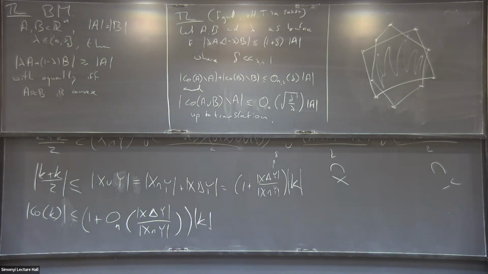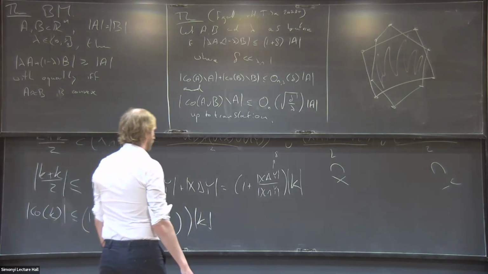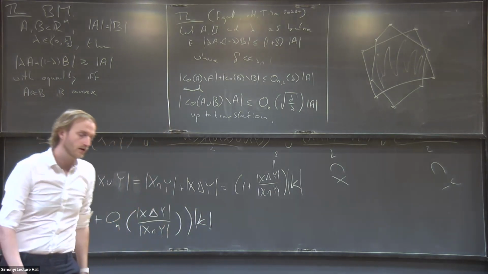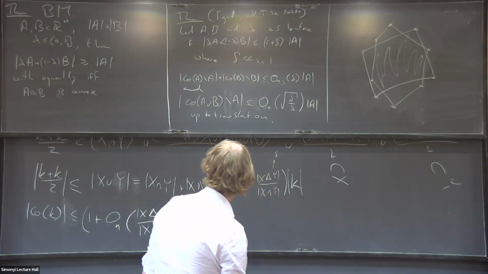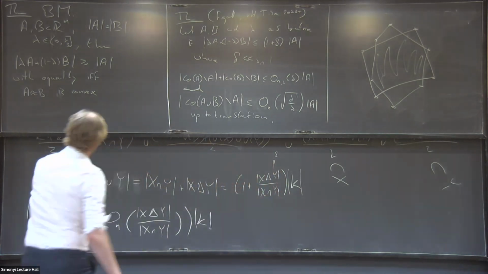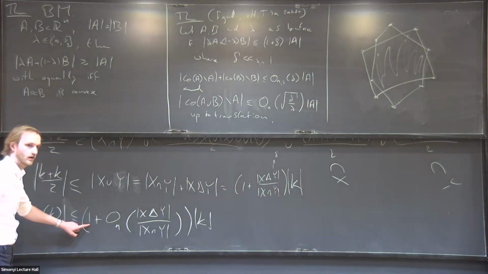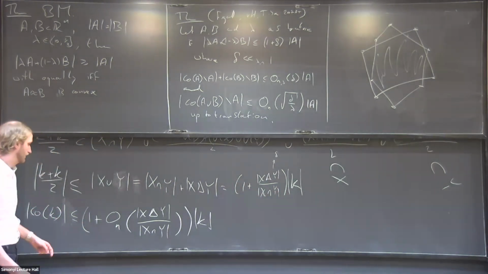Okay, but what is this convex hull? Well, this convex hull is the convex hull of all the vertices of X union all the vertices of Y. It's just the convex hull of X. Do you need to subtract K from there? Yeah, so that's why I put the 1 here. Let's just bring the minus k to the outside.